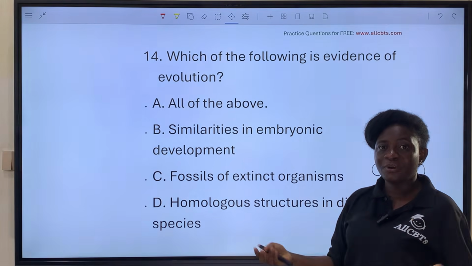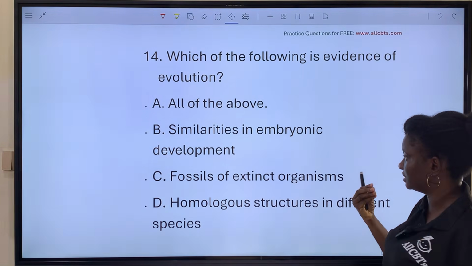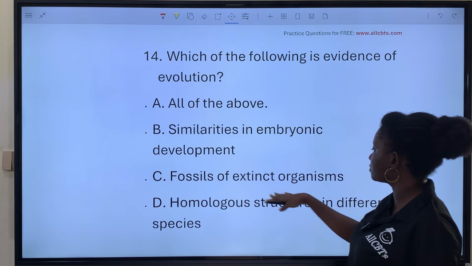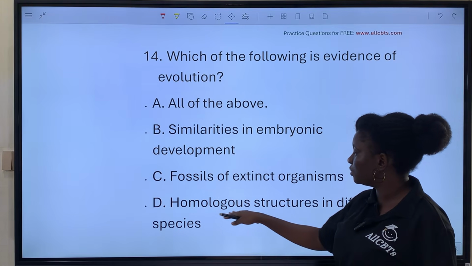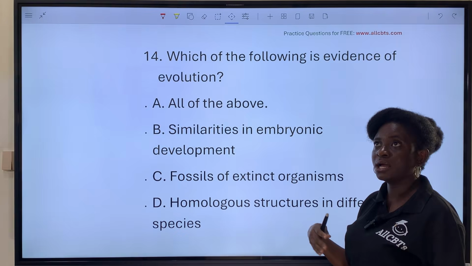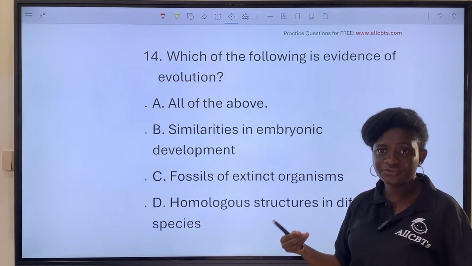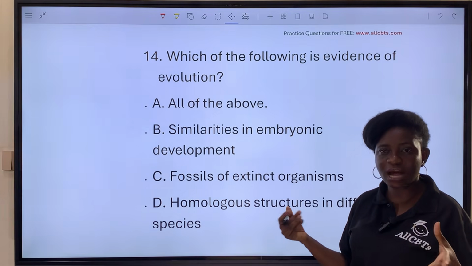For question 15, which of the following is an example of an adaptation for survival in social insects? We have option A, migration to warmer climates. Option B, production of venom for defense. Option C, formation of complex caste system.